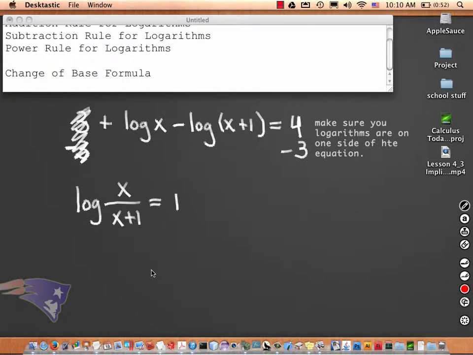Now it's time to convert from logarithmic form into exponential form. What's the base? 10. So what would the conversion say? x over x plus 1 equals 10 to the 1. Yes.